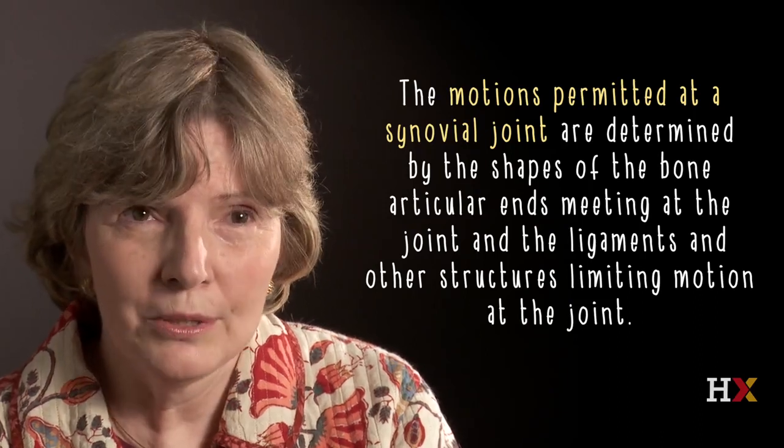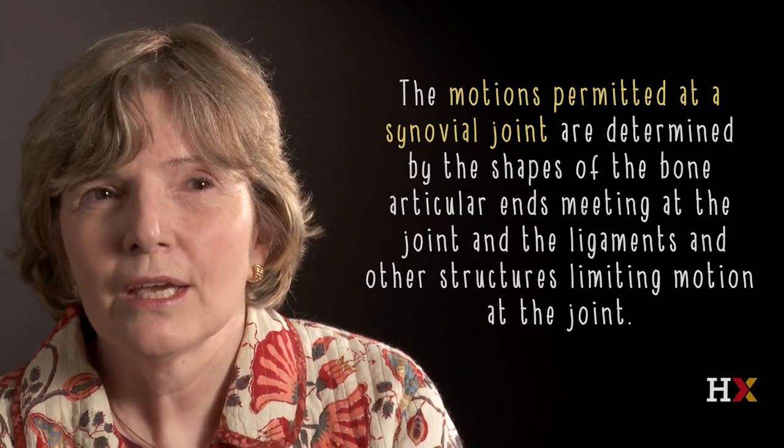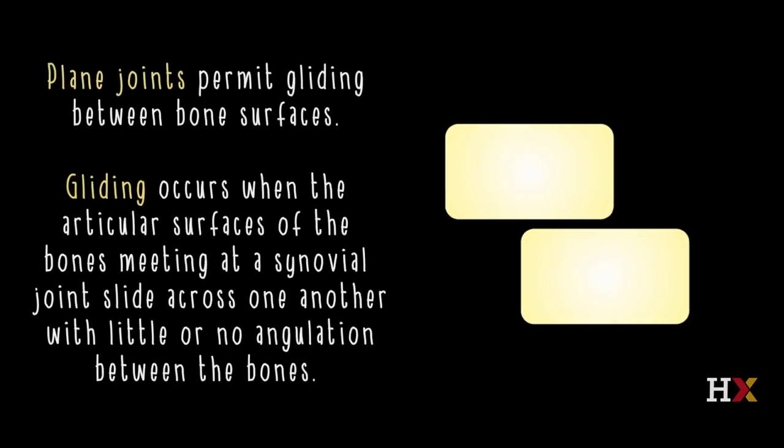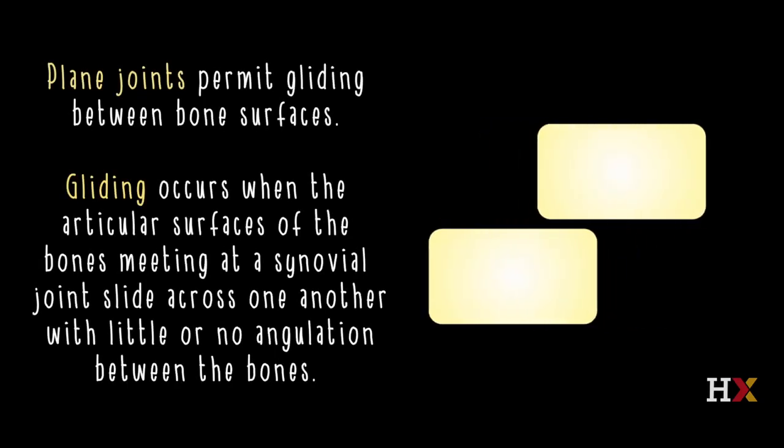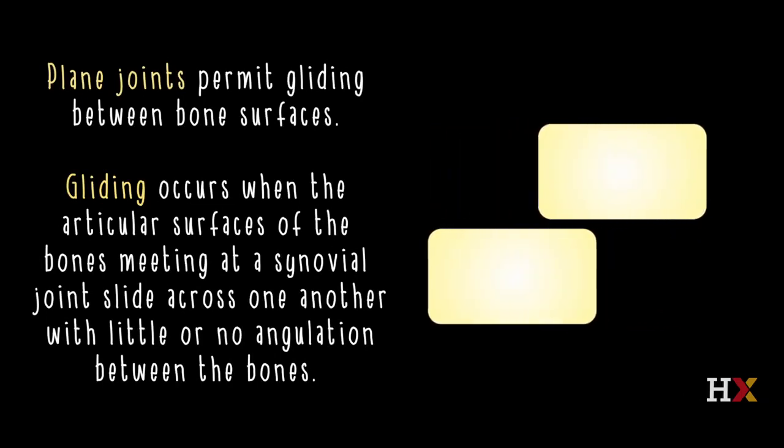So bone geometry and restraining capsule and ligaments. Here's an example of a plane joint. So in this joint there are two relatively flat surfaces. Gliding occurs when the articular surfaces of the bones meeting at the joint slide across one another with little or no angulation. So this is an example of gliding in a plane joint.